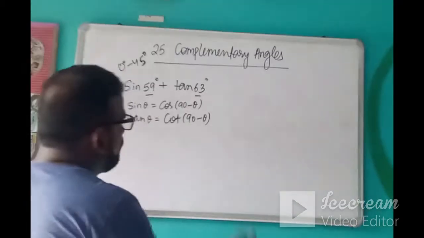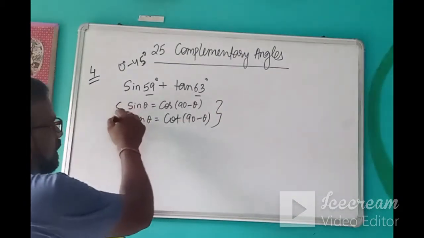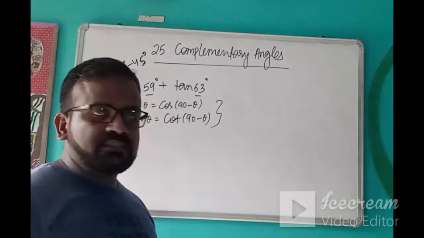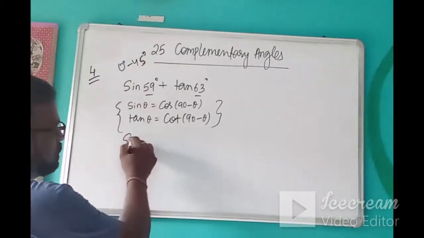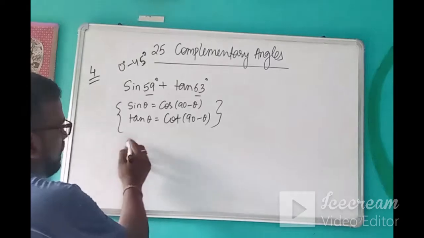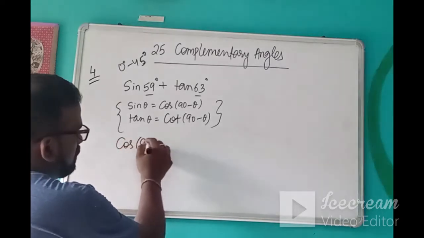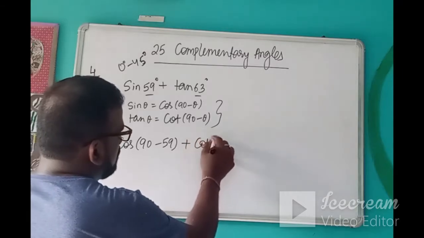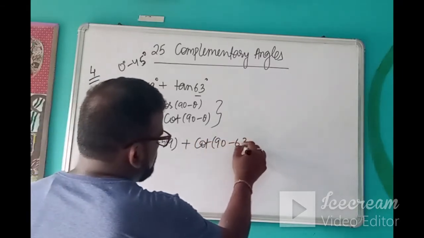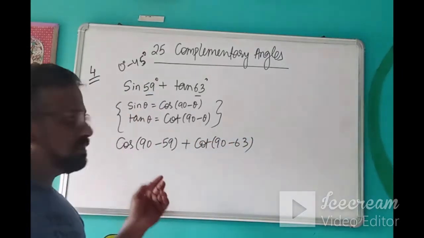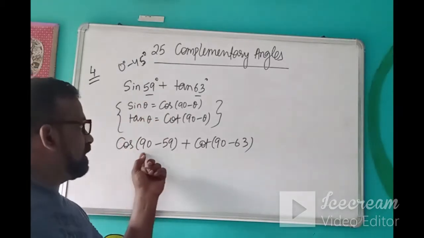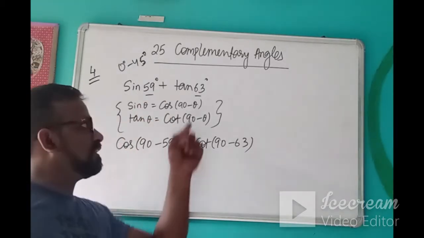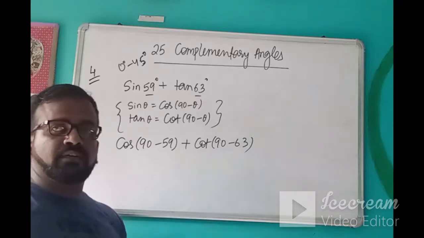Now we will use these two identities. So we will replace sine by cos and tan by cot. Okay, so I have replaced this sine 59 by cos 90 minus theta, and this tan 63 by cot 90 minus theta.